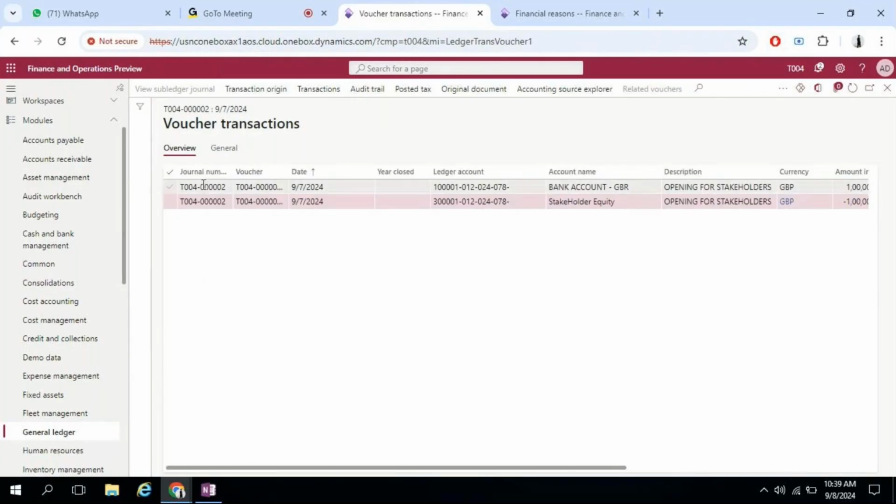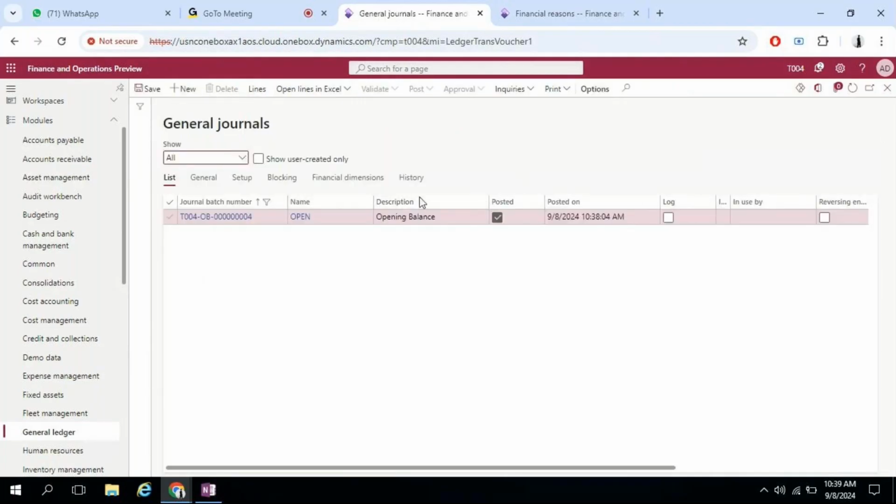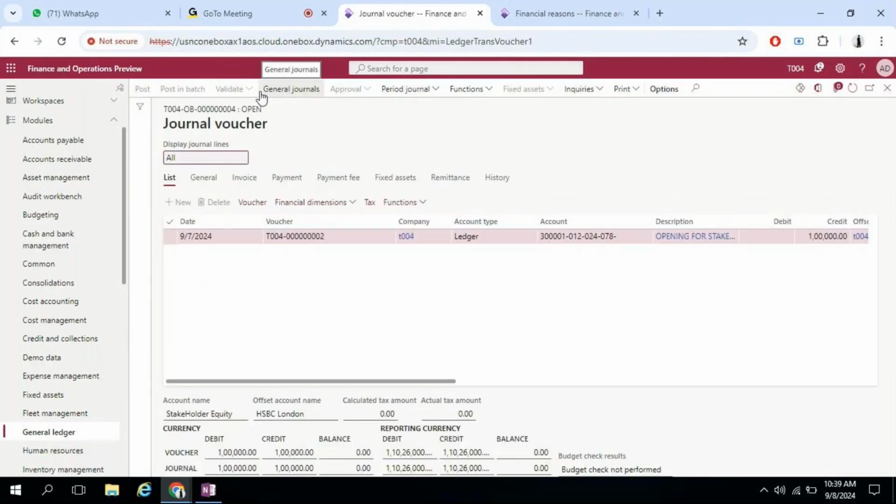Then if I go to original document, I can find out from where this entry is created. So you can go to the view details over here. Within the view details, you can go for the lines option. So that means everything is interconnected.